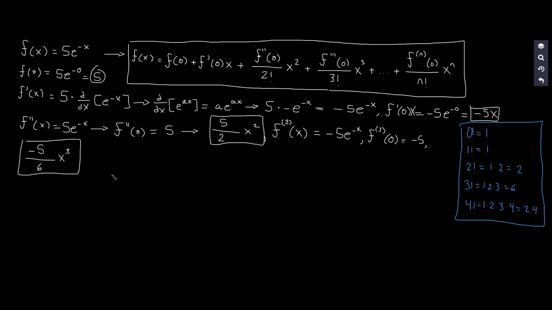These terms are of the form c sub k times x raised to the power of k, such that k is equal to 0, 1, 2, and so on.